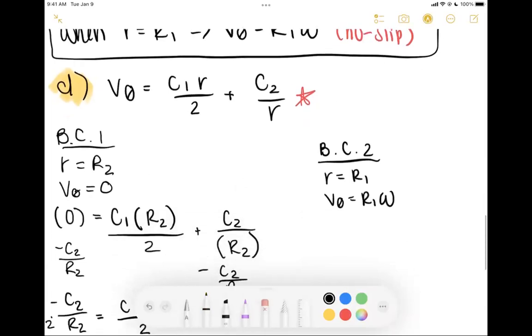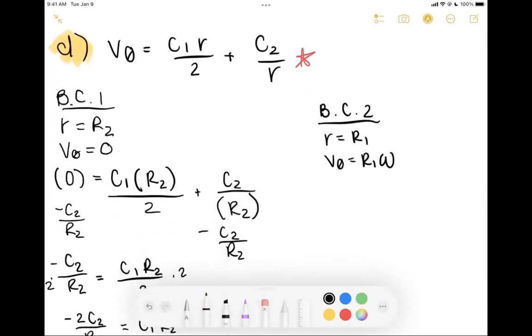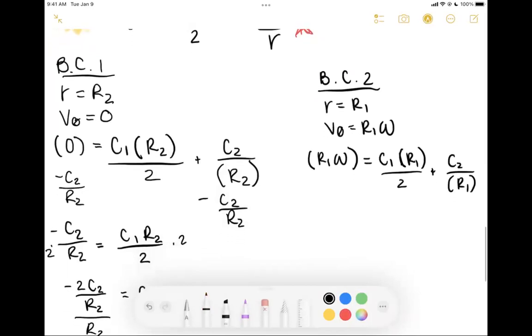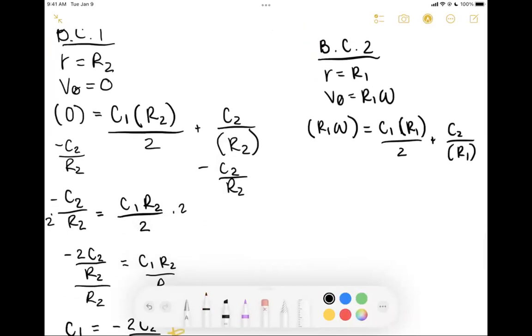Perfect. So I'm going to do the same thing. I'm going to plug that into this equation with the red star next to it and go from there. So V theta is R1, that's equal to C1 R1 over 2 plus C2 over R1.